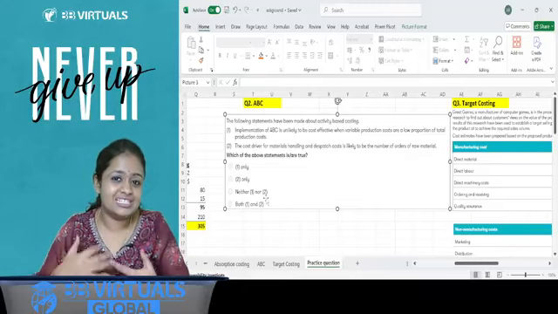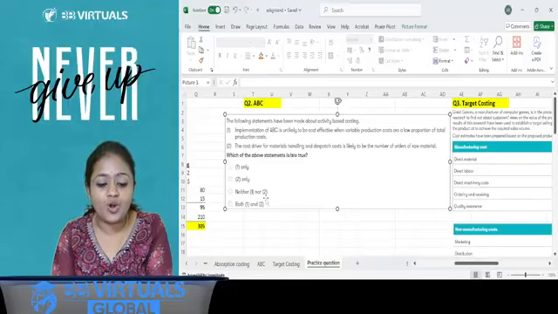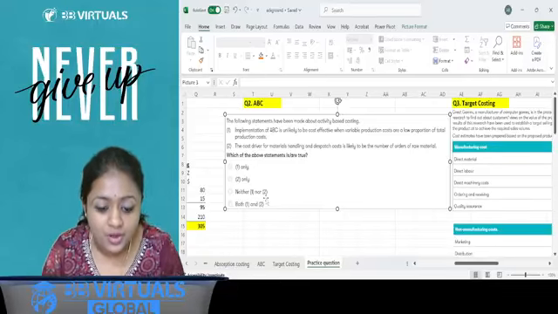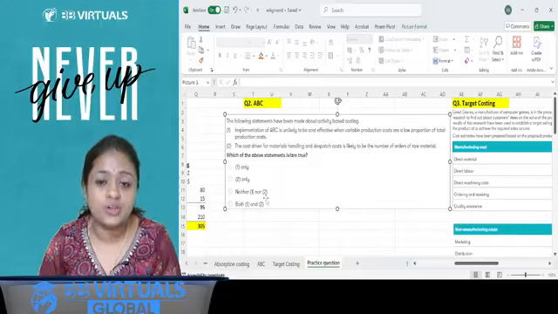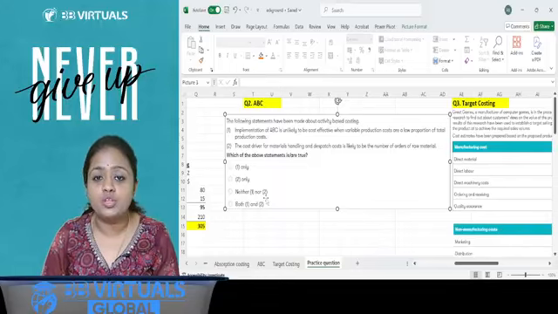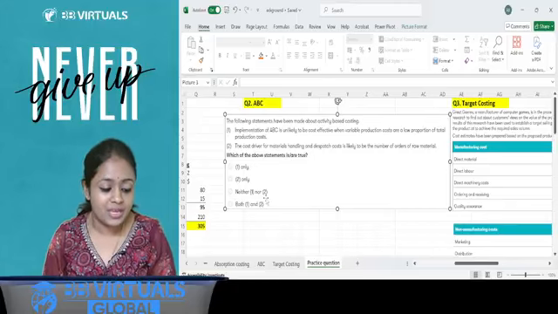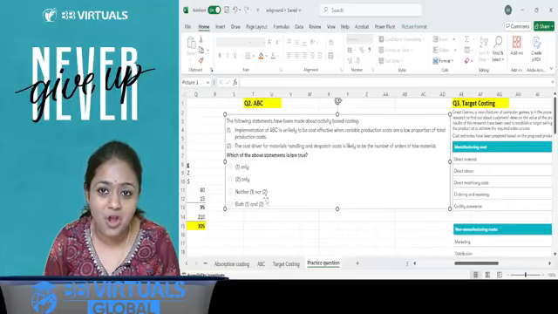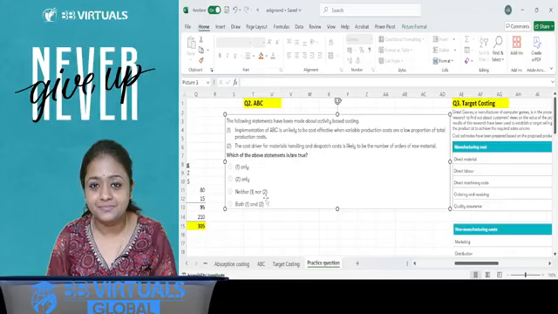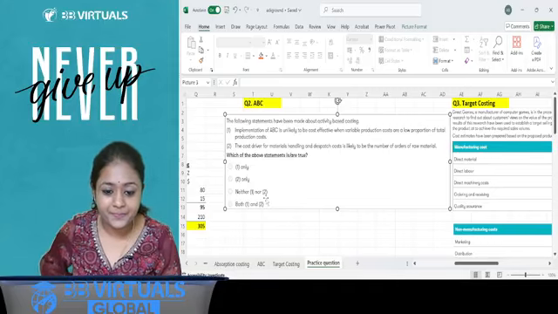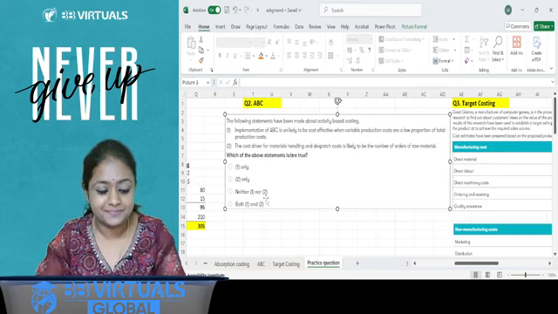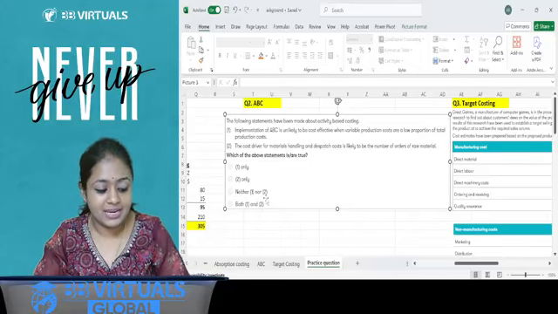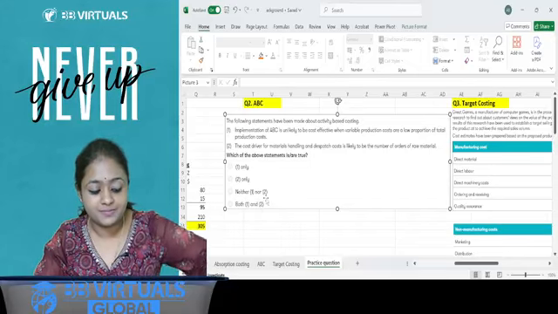We have just discussed in the example. So now what according to you, which statements are true? Only option number 1, only option number 2, or both 1 and 2, or neither 1 and 2? Can anybody answer it in the chat box? Quickly. Can anyone answer it in the chat box?